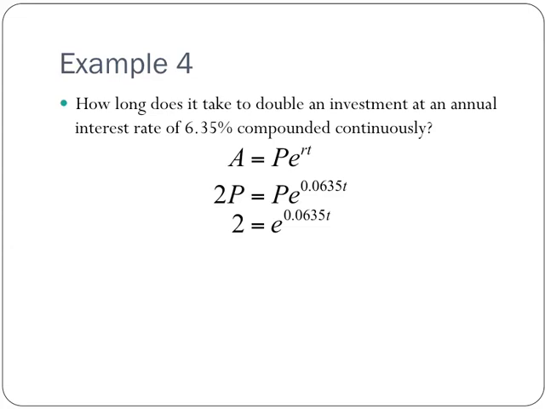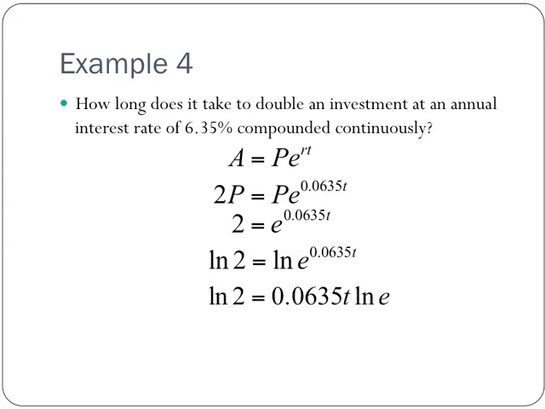So 2 equals e to the 0.0635t. And now, since we have the exponential already by itself on the right, we can take the log of both sides. So we have ln of 2 equals ln of e to the 0.0635t. Use the power law, move the exponent out in front. Ln of e is equal to 1. And solve for t.